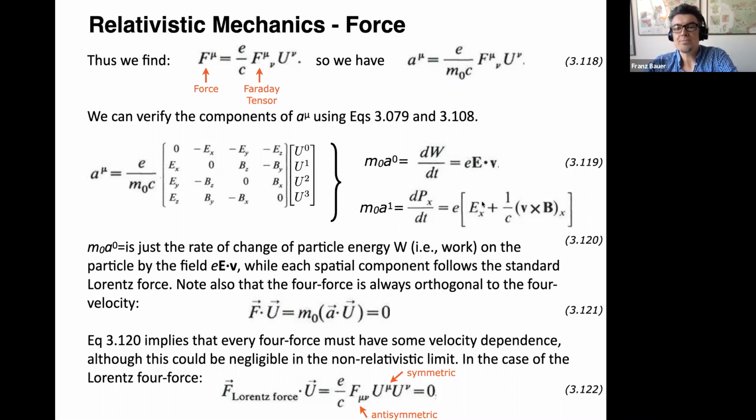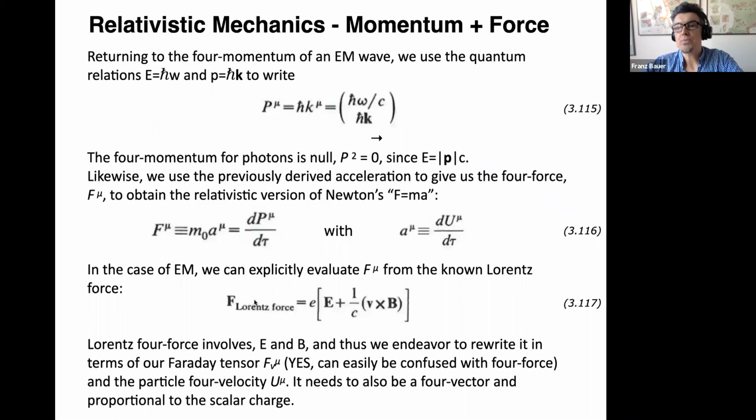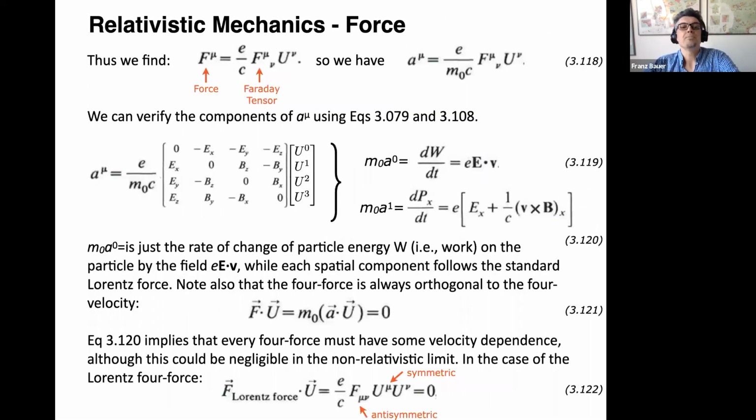So this would be just Ex plus 1 divided by c, and then the cross product, just in the x component direction. And so forth, so you can see how you get back the Lorentz force, but it's at least a nice compact form of that.